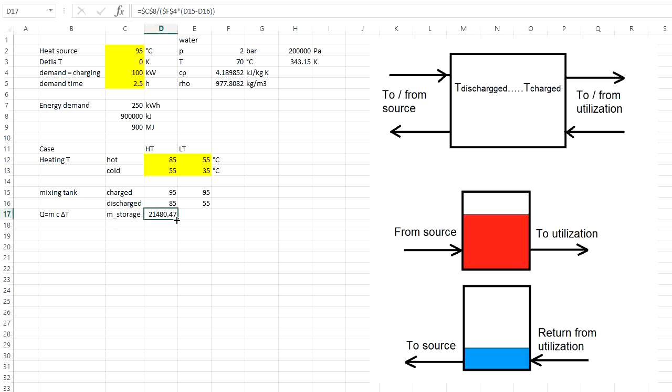Now what happens for the low temperature case? Since we have much larger temperature difference, there we need just a quarter of that, 5,000 kilograms. Now from this we can get the volume of the tank, which is nothing but the mass divided by the density.